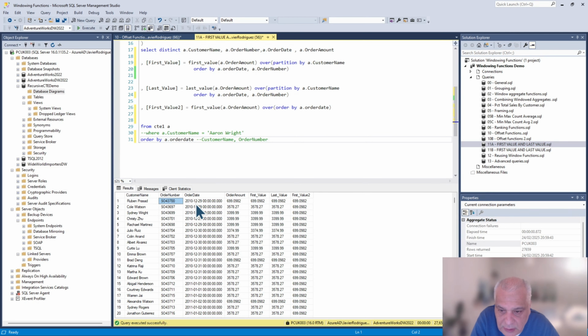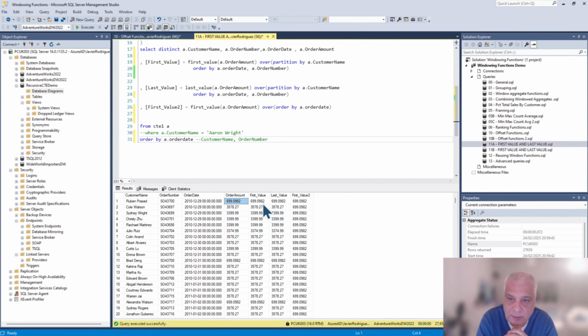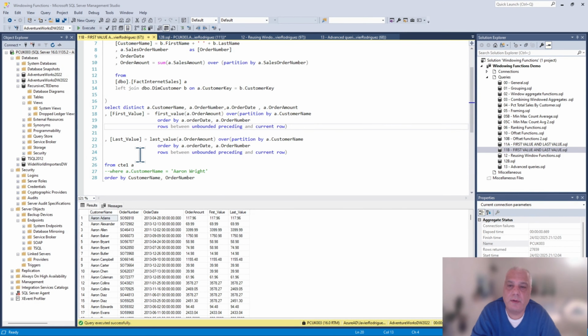The order number is SO43700 and the order amount is 699. So depending on the partition, we can obtain different results, obviously. This is just a quick reminder: first value and last value can support framing like this. If I run the query, we can have the different framings.